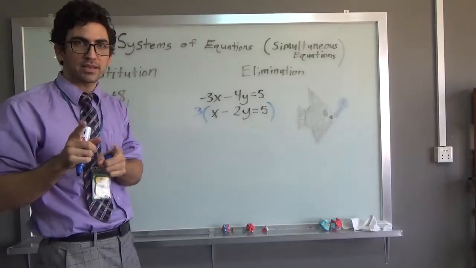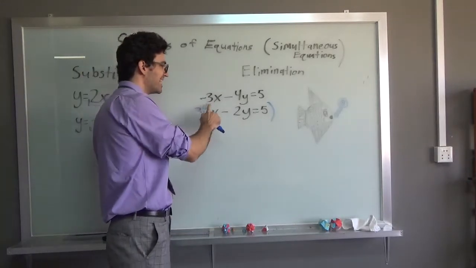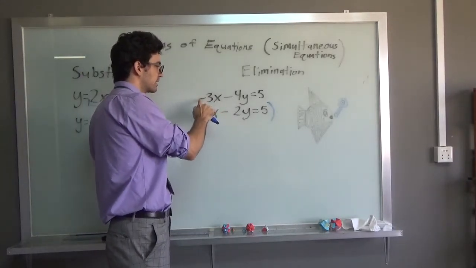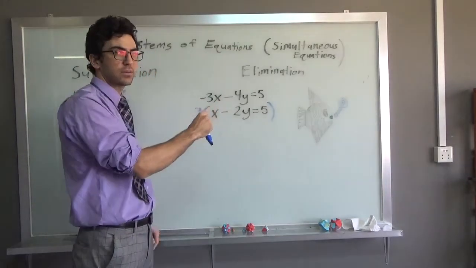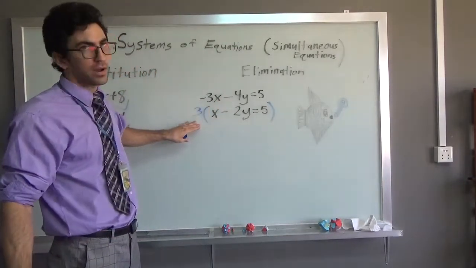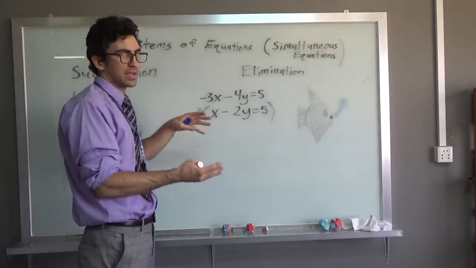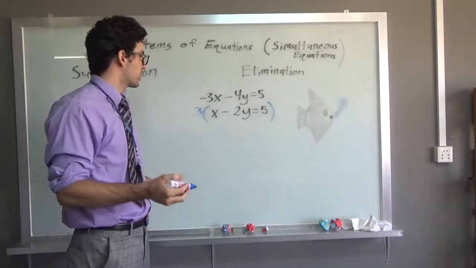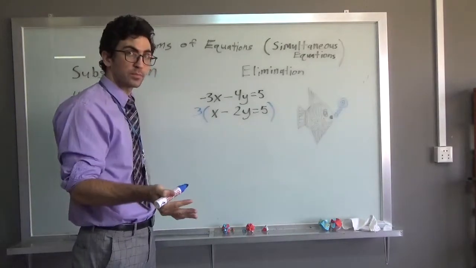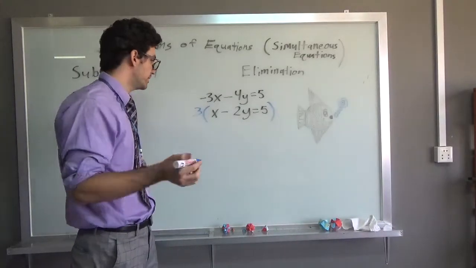And the reason I'm picking 3 is because I have a negative 3x in my top equation. So if I multiply the bottom by 3, I will have a positive 3x on bottom, and they will eliminate. So let's do that. Let's multiply everything on bottom by 3.